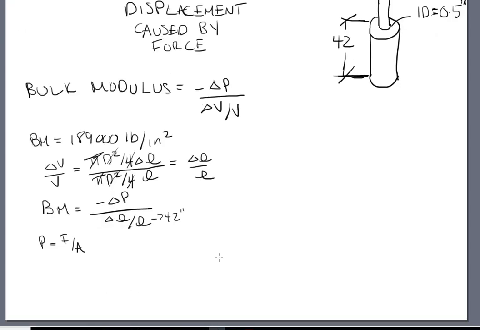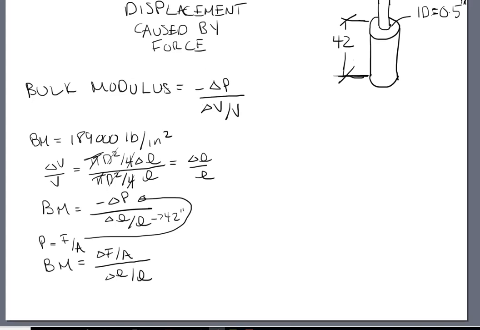So if we sub this into here, we're going to get BM equals delta, really it's delta F over A, because A is constant in this case, over delta L over L. Remember, we want the force over the displacement caused by that force.